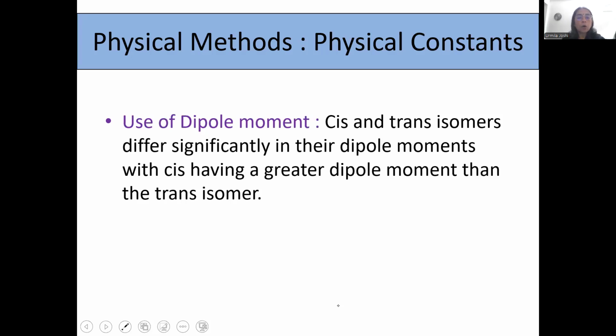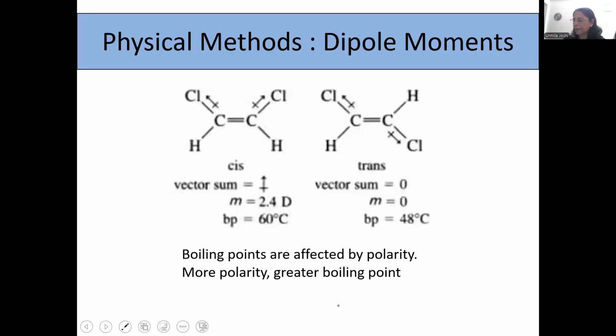The other physical constant that can be used is dipole moment. Cis and trans isomers have significantly different dipole moment, and cis isomer always has a greater dipole moment. Now just see how. Look at this compound, 1,2-dichloroethene. This is the cis isomer of 1,2-dichloroethene, whereas this is the trans isomer.